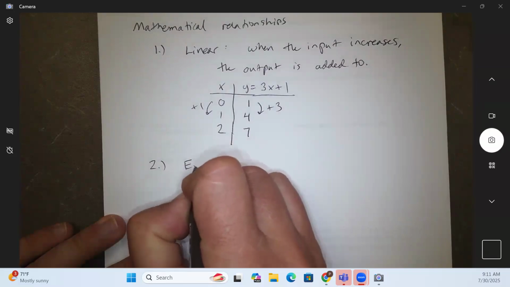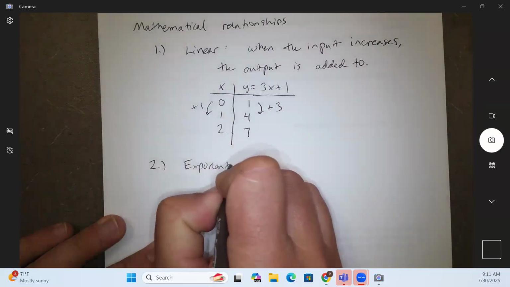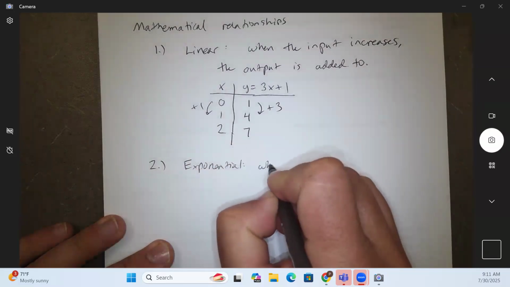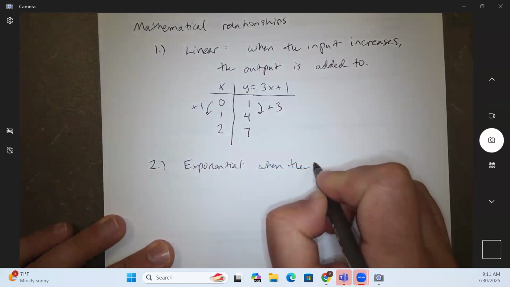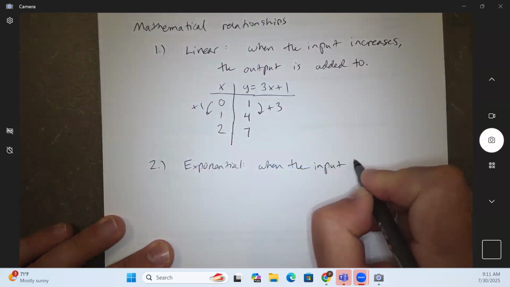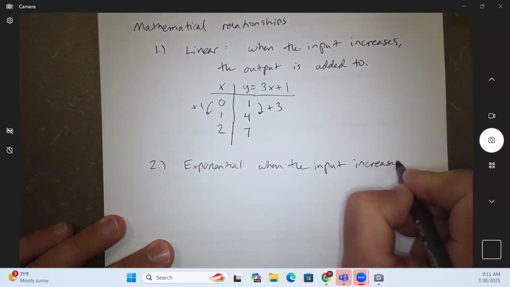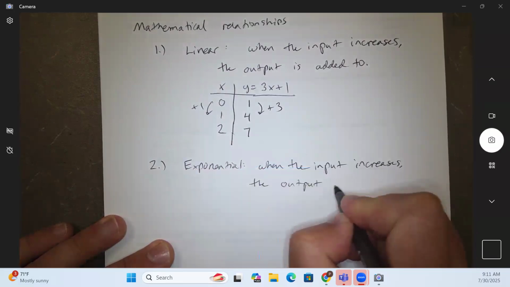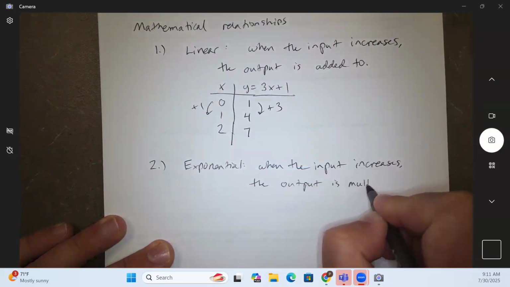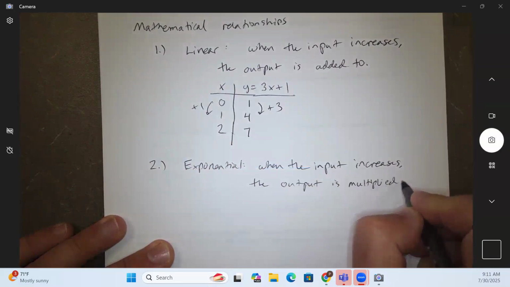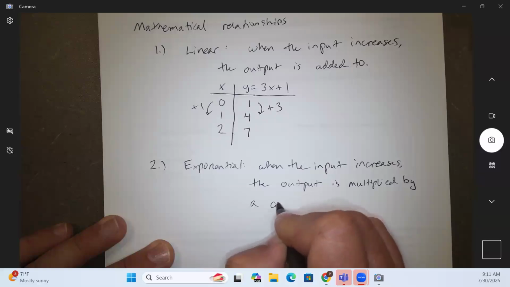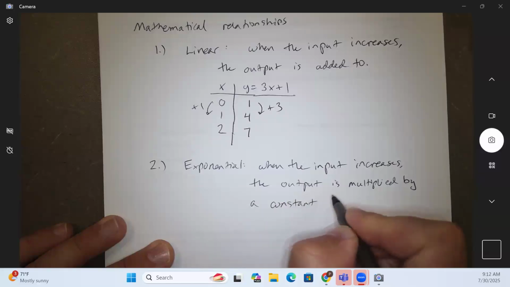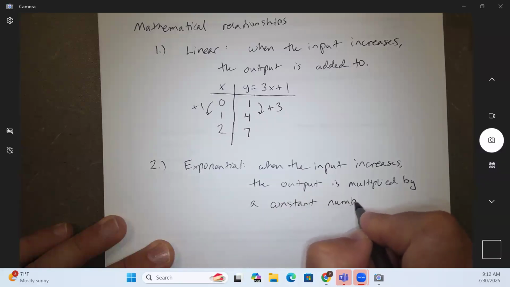We've talked about exponential. When the input increases, the output is multiplied by a constant number.